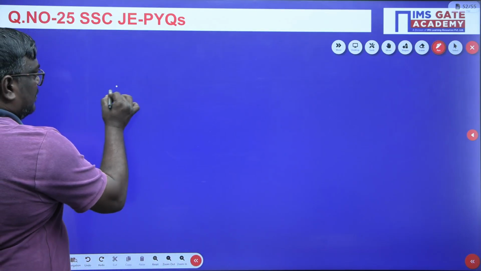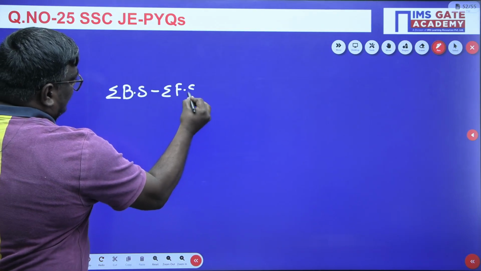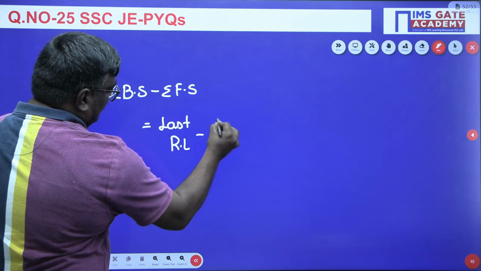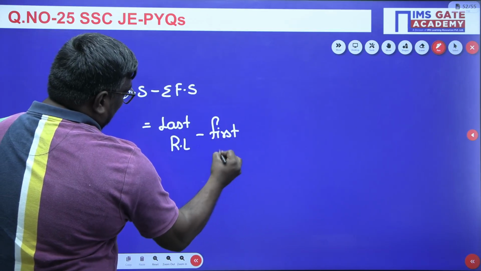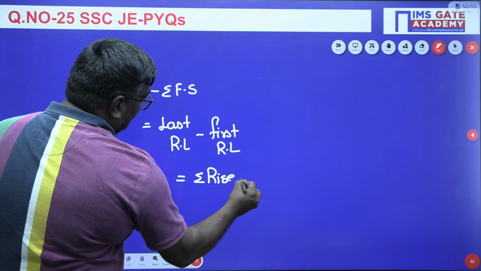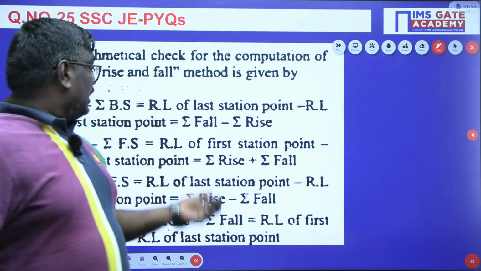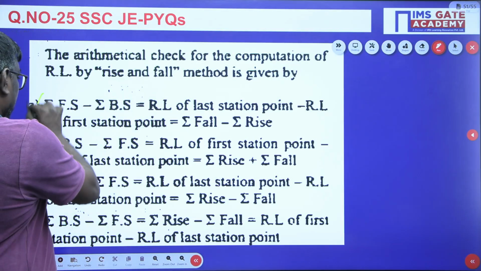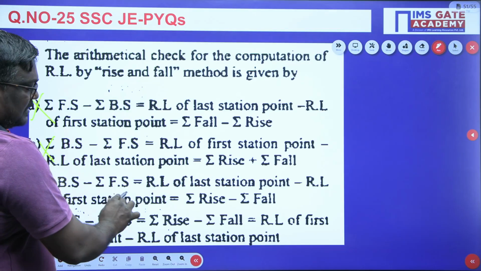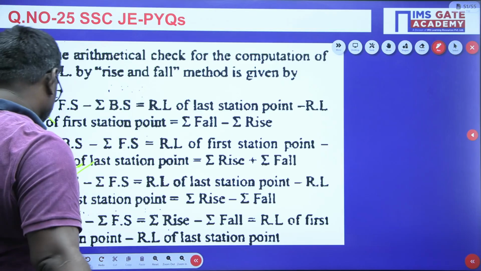For the rise and fall method, the check is sum of backsight minus sum of foresight is equal to last RL minus first RL, where RL means reduced level, and this will be equal to sum of the rise minus sum of the fall. So whichever option covers these three. Here, sum of foresight, so option A is wrong. Backsight minus RL of first, so wrong. Sum of backsight, RL of last minus first, so option C is the right answer.